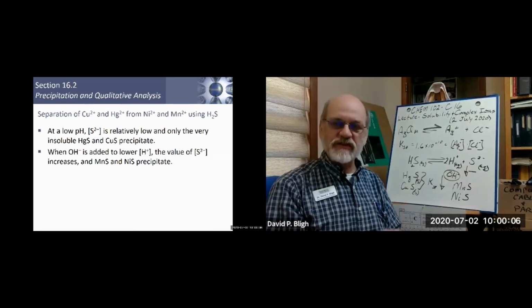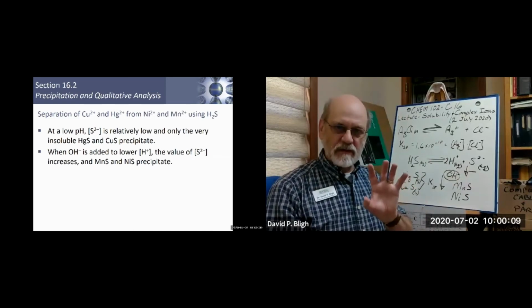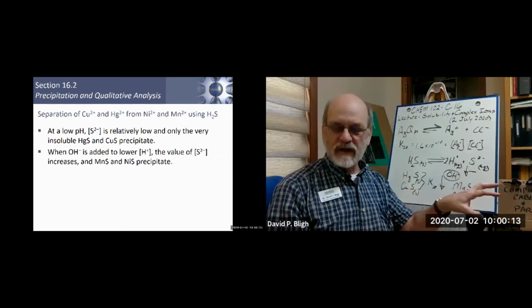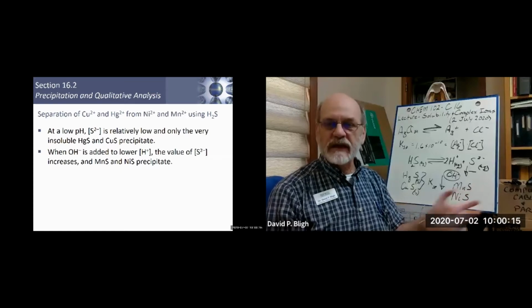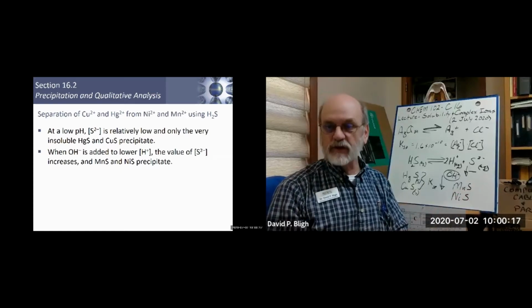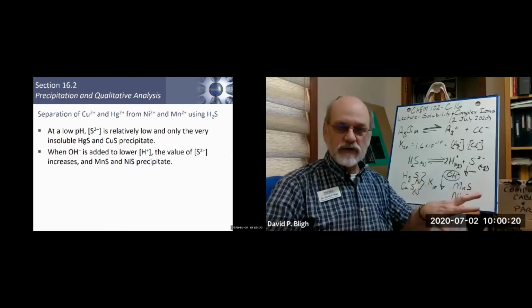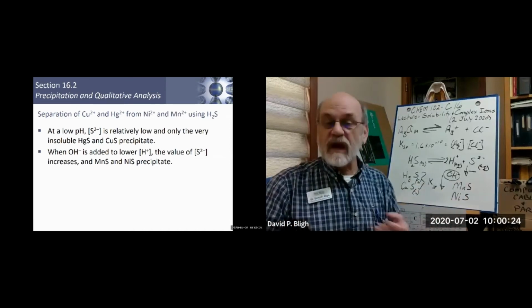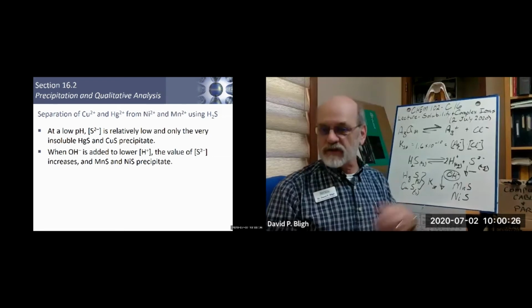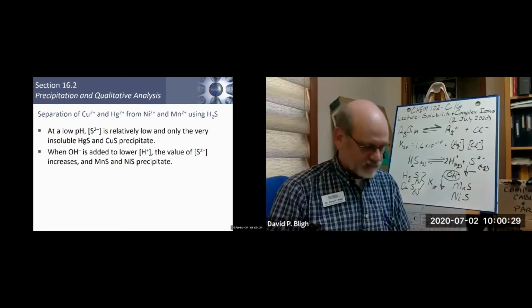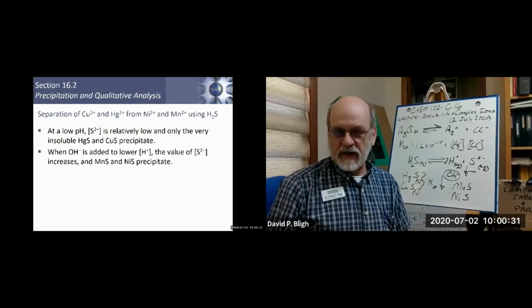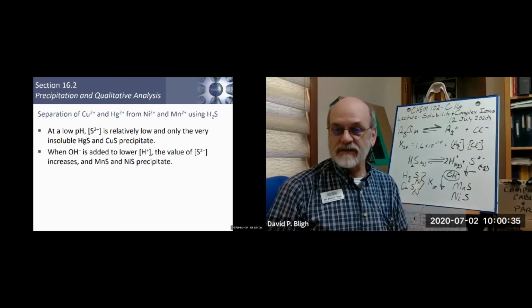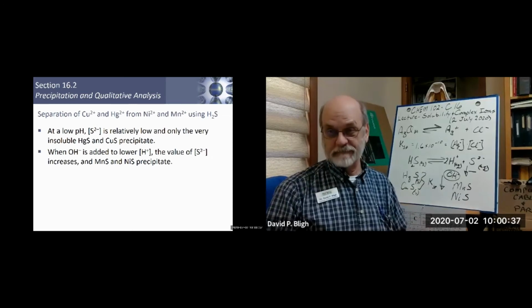So you've managed to separate copper and mercury from the solution, and now you have precipitated nickel and manganese. And you can filter the solution. Now you have those separated. So you can see if your solution is extremely complex with a dozen or more cations, then the process of separating them can be very tedious and very time consuming.